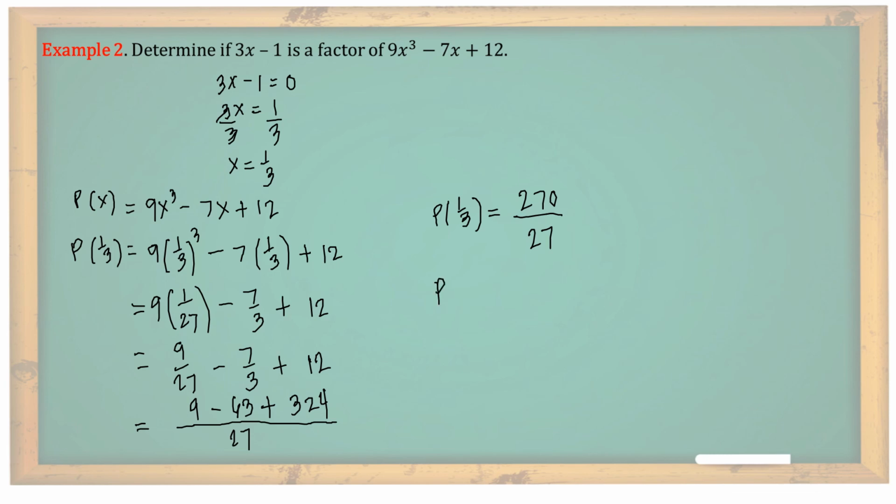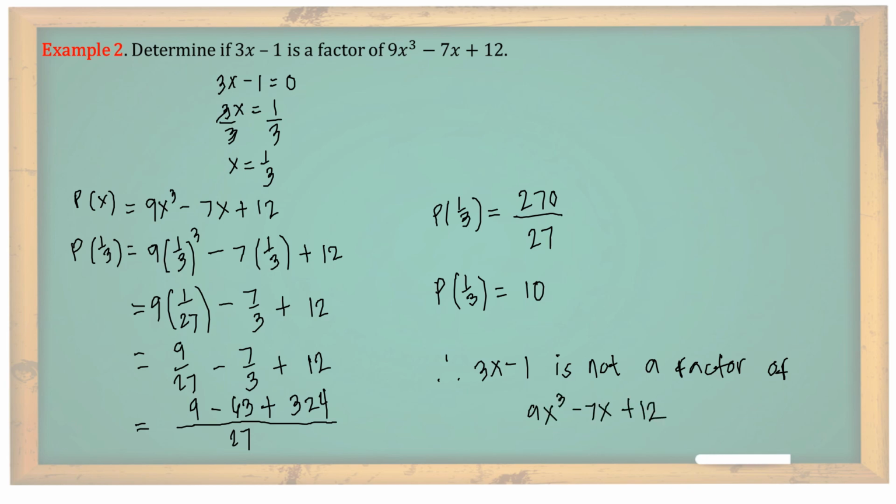So, yung P of 1/3 natin dito is equal to 10. So, since yung ating P of 1/3 ay hindi ito 0, therefore, si 3x minus 1 is not a factor of 9x cubed minus 7x plus 12.